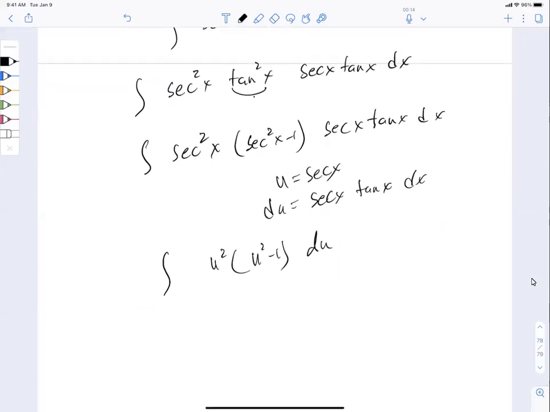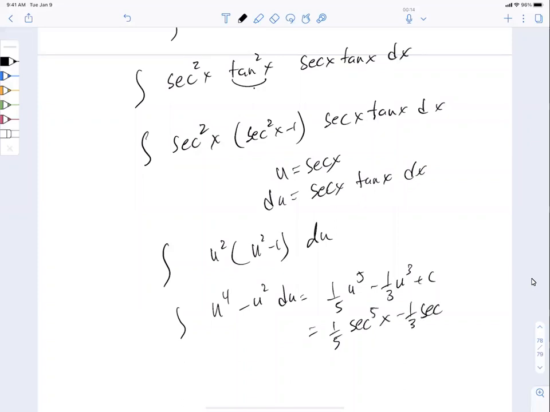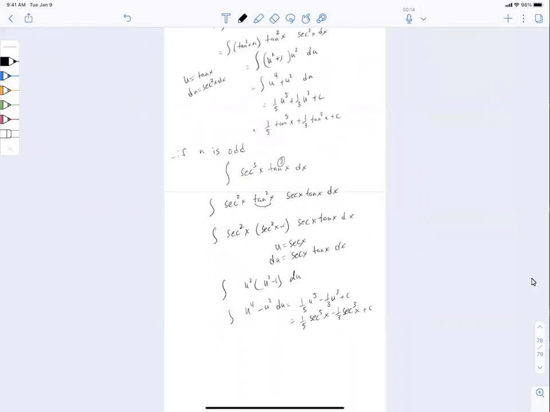And then you just do the same thing as you did before. And that's how you handle whenever the power of tangent is odd.